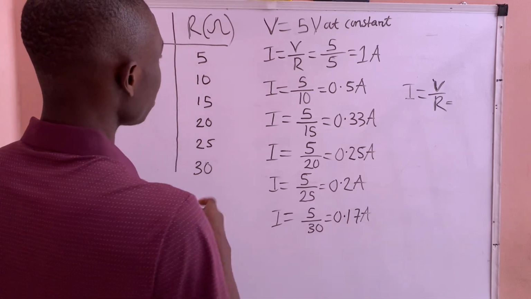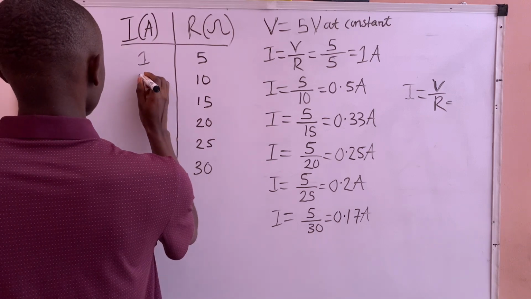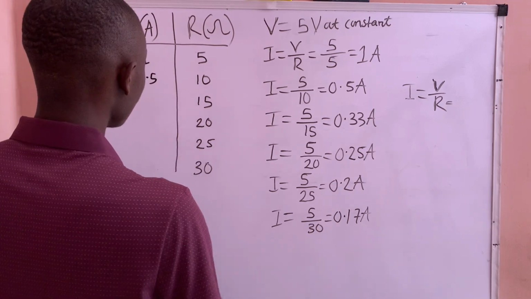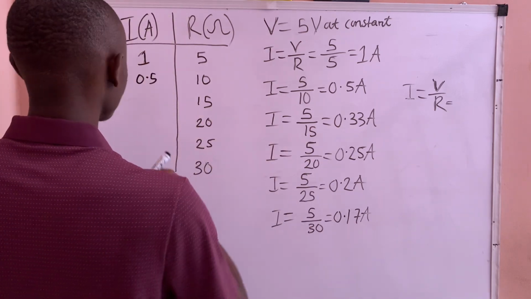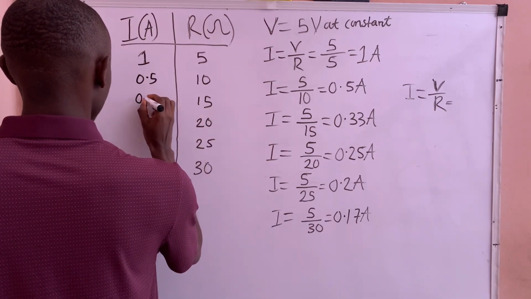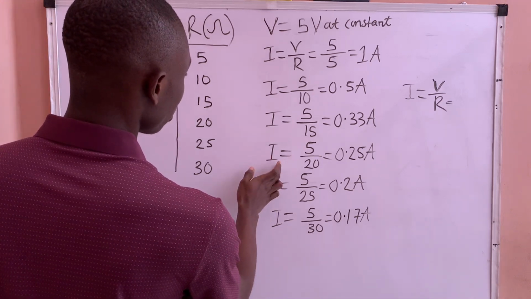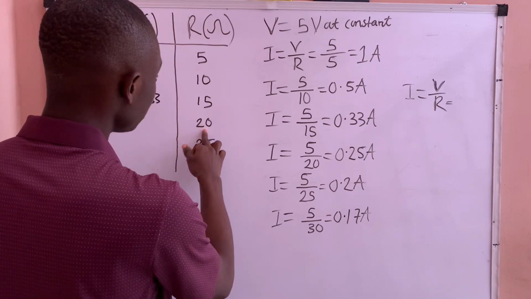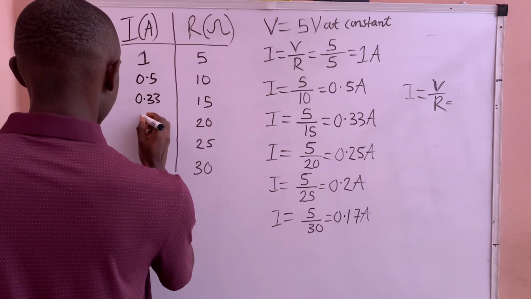When we increase it by 10, the second one, our current was 0.5. When we increase it by 15, the value of current is 0.33 amps. When we increase the value of resistance by 20, the value of current was 0.25.